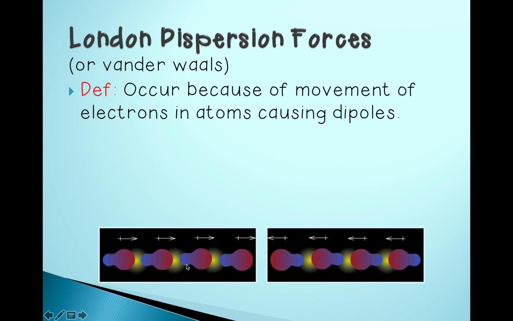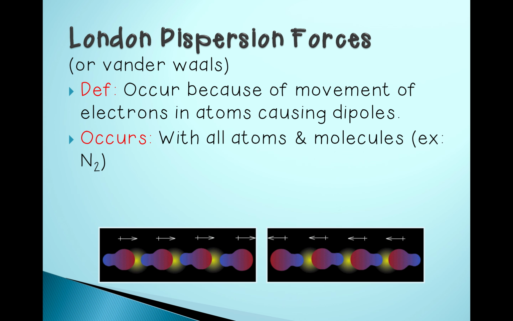So if you look at the picture down here, these molecules are the same, the electrons are just going back and forth, and so that's going to cause our little momentary movement of electrons. They are going to occur with all molecules and atoms. So even N2, which is completely the same, two nitrogen atoms, they're going to have London dispersion forces as well because of the electrons moving back and forth.